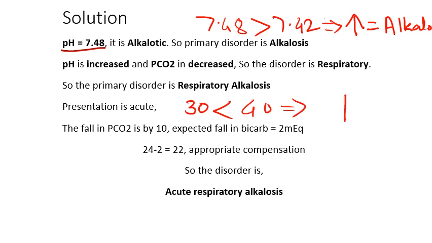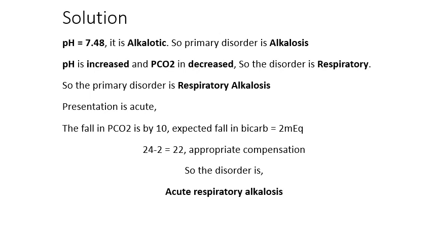That is, it has decreased, which tells us that both of them have changed in opposite directions. When the pH and PCO2 change in opposite direction, the disorder is respiratory. So in this case, the respiratory disorder becomes respiratory alkalosis. As the presentation is of 3 hours, the disorder becomes acute respiratory alkalosis.